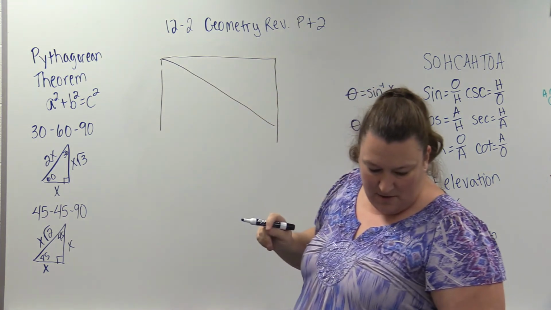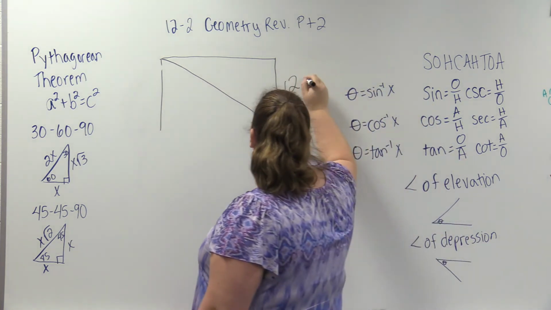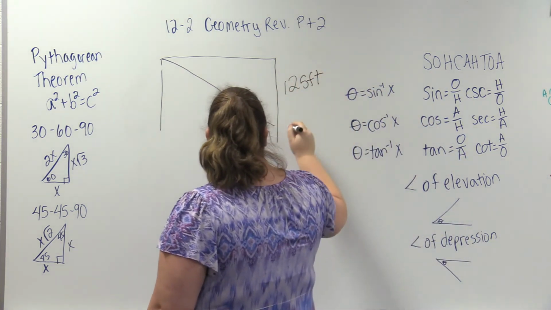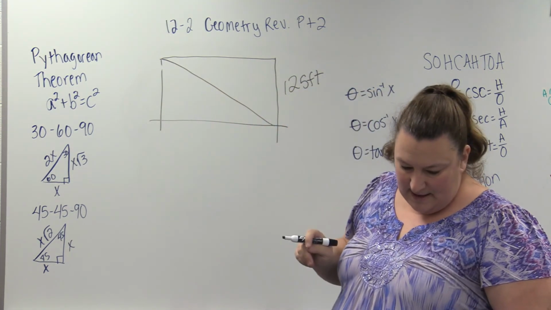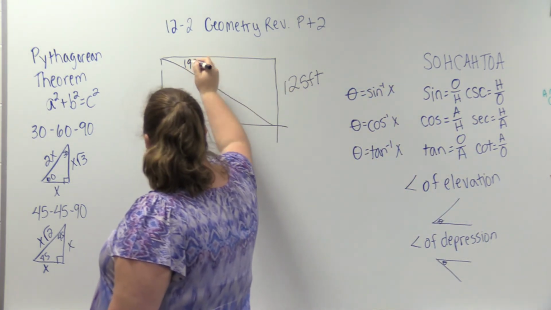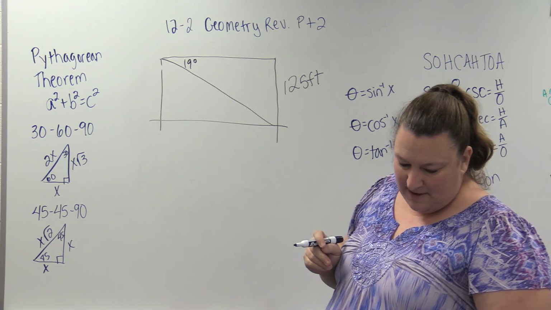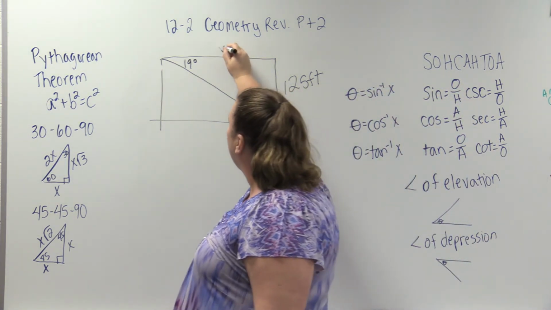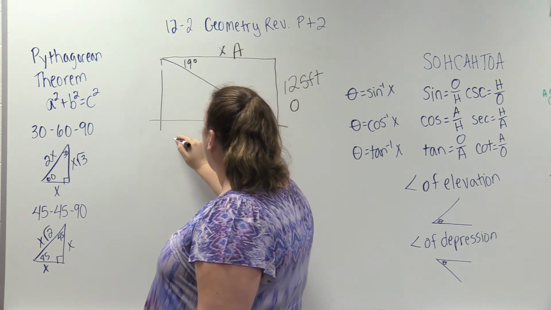And we're talking about 125 feet. And here's my ground. Okay. And the angle of depression is 19 degrees. And we want to know how far it is from the base of the tower, which is here. So I have opposite and I have adjacent.